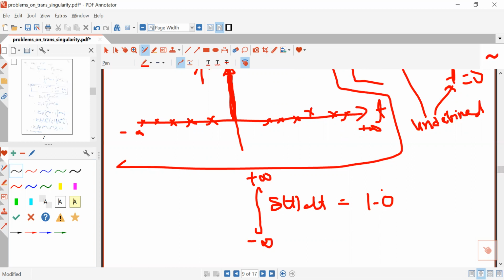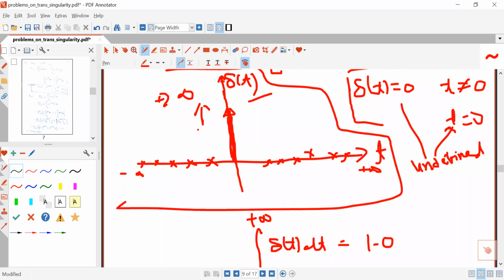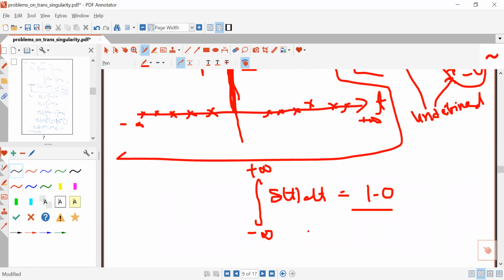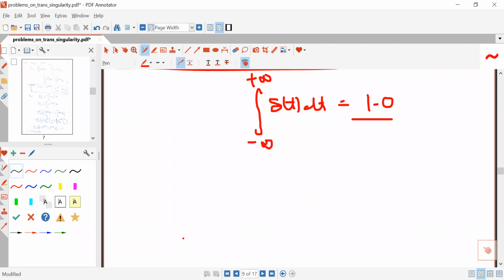That is why this signal is called the unit impulse signal, because the area under the unit impulse signal will be unity. But you must note that at t equal to 0, its amplitude cannot be defined. It is tending toward infinity. Here 1.0 is written, but this is for the area under this pulse, which is equal to 1.0.